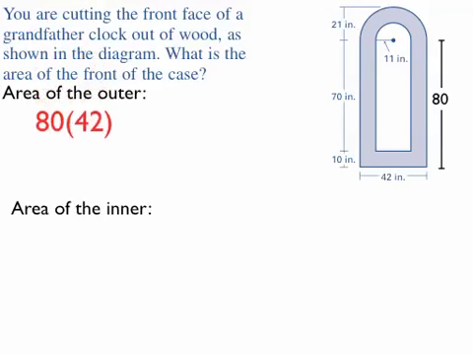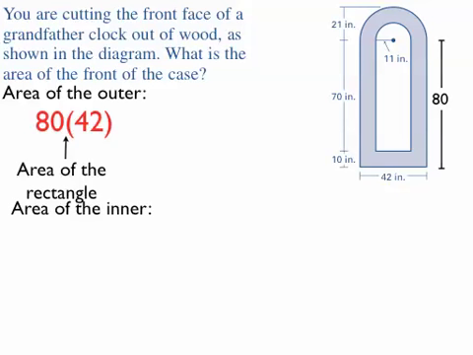So 80 times 42, which would be the width of this clock, would give me the area of the rectangle. The area of the semicircle, be careful because it is a semicircle, so when I find the area, I need to divide it by 2 or take half of it. I'm talking about the outer circle here, so be careful. We know the diameter of the outer circle is 42 inches because that's the bottom length.